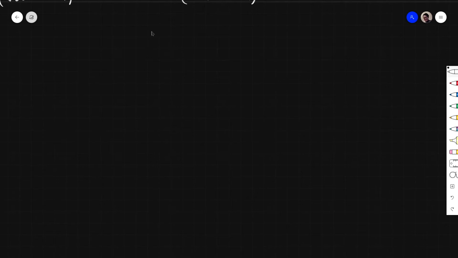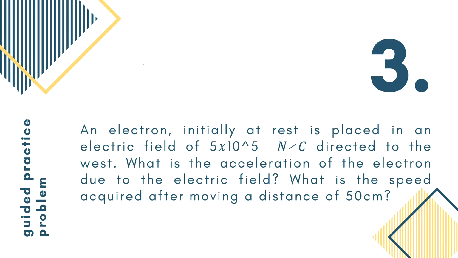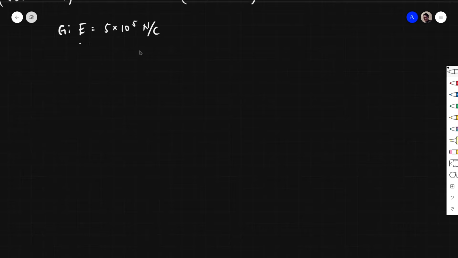Okay, so for our given, first we have an electric field which is 5 times 10 raised to 5 newtons per coulomb. And then we have the charge of an electron, which is negative 1.6 times 10 raised to negative 19 coulombs, right?